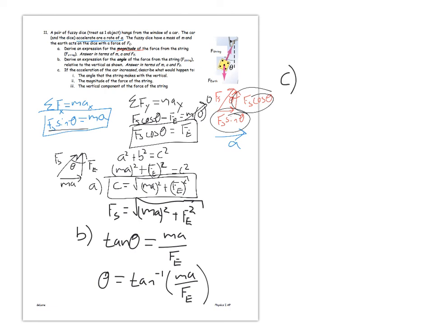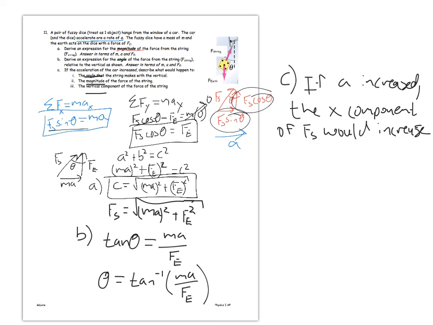For this last one, we're asked what would happen if the acceleration of the car increased. We want to just simply describe the changes, and I'm going to describe all three of them at once. We're looking at the changes to the angle, the magnitude, and the vertical component. So if acceleration increased, then the x component of the force of the string, Fs, would increase.